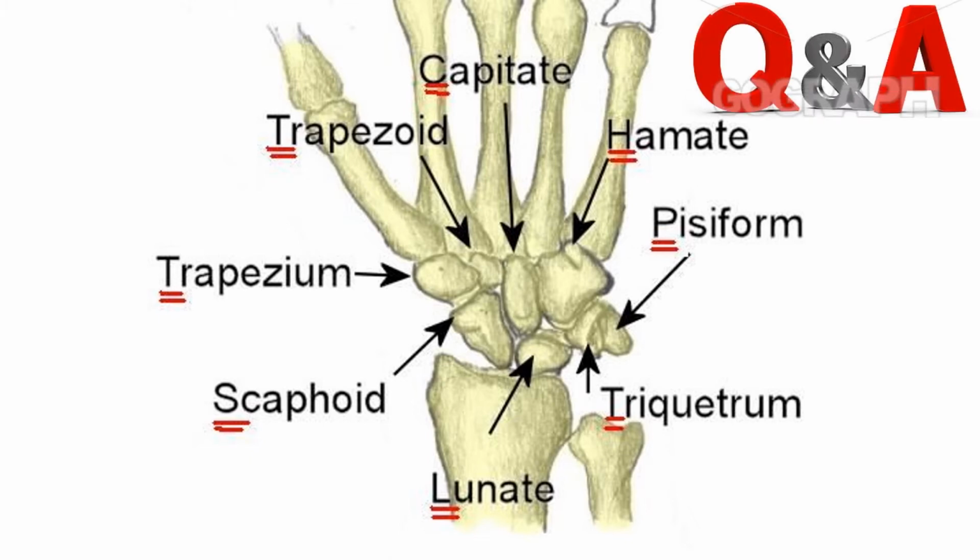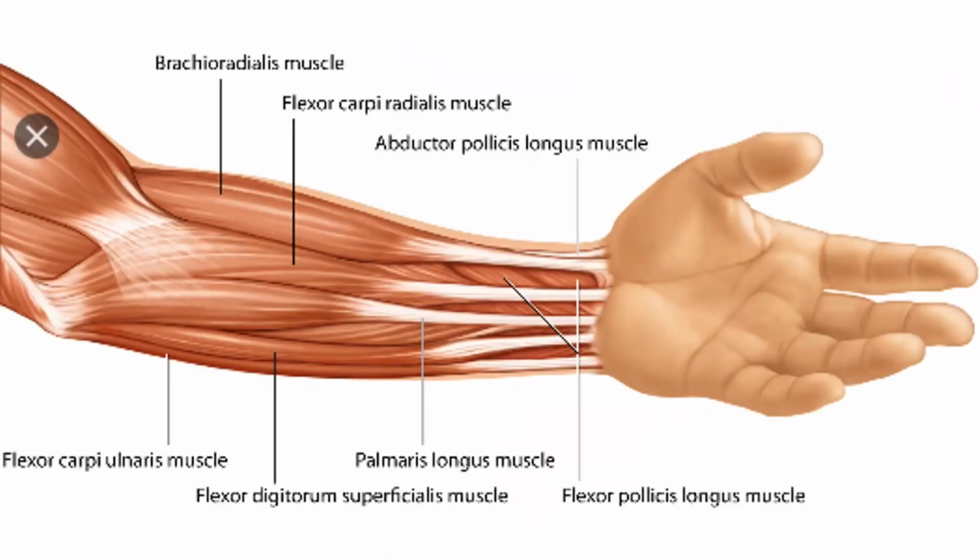It is going to insert in the styloid process of the radius. Where am I, and what is this image? It shows the anterior compartment of the forearm.